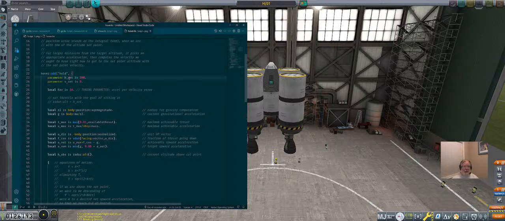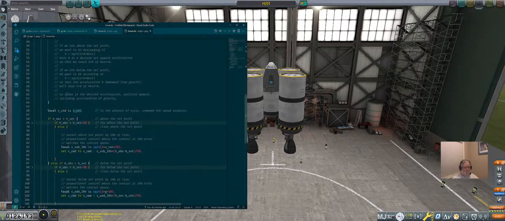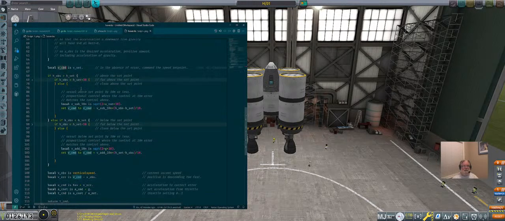So by having an H set and a V set both, that means I can not only hover, but I can gradually change my altitude. This gives you control over both the altitude and the ascent rate. So, initially set V command to VSET. Then we're going to modify it.